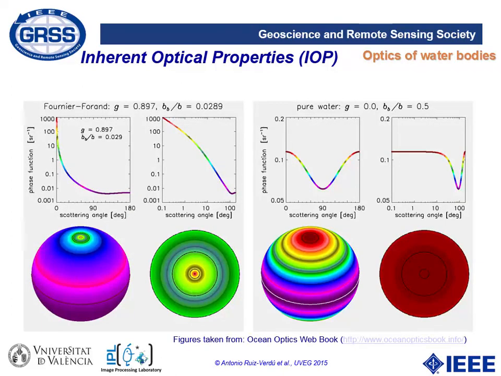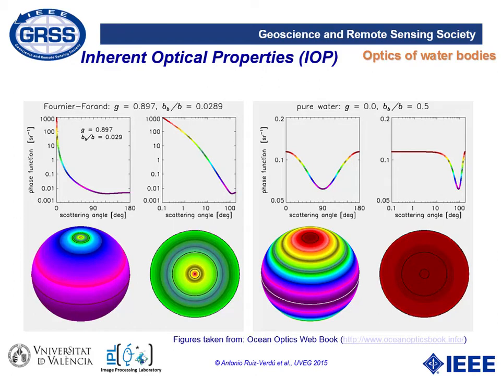It is very important, regarding the scattering, to know not only the total amount of scattering, but the angular distribution of the scattering. And this angular distribution, which represents the amount of scattered light depending on the scatter angle, is called the scattering phase function.